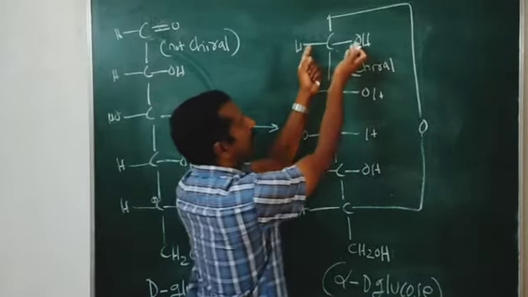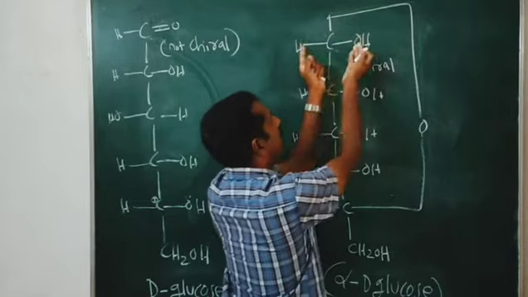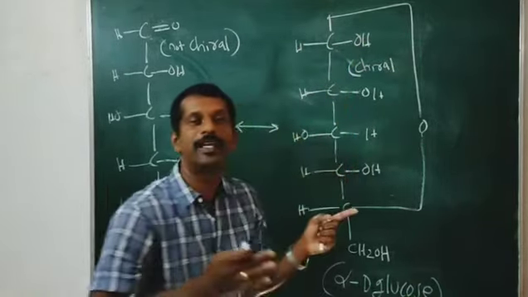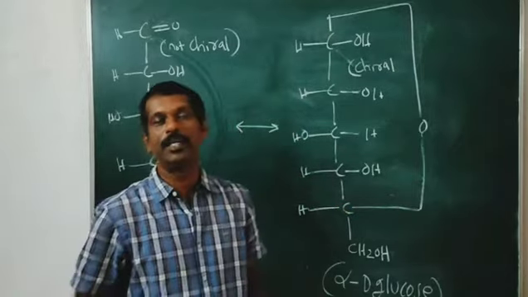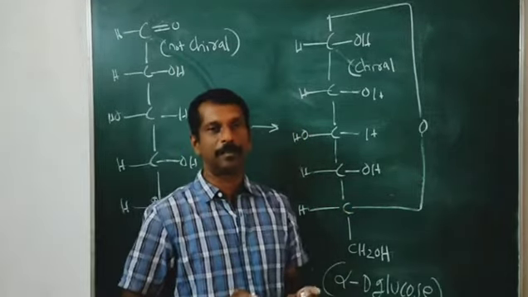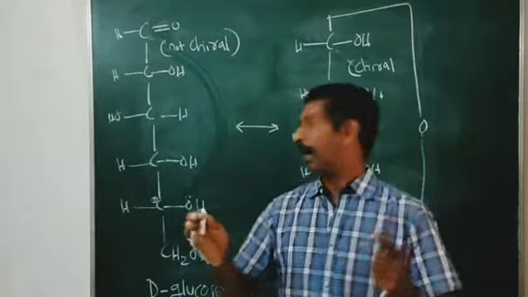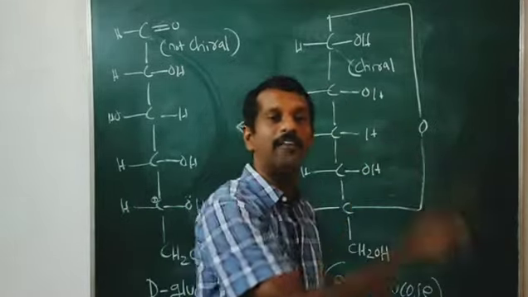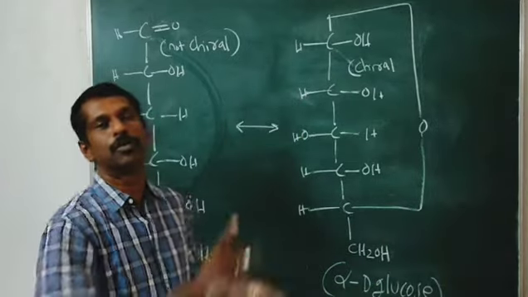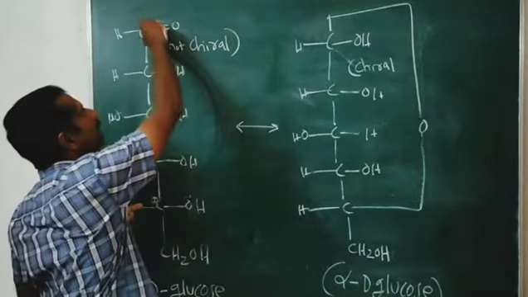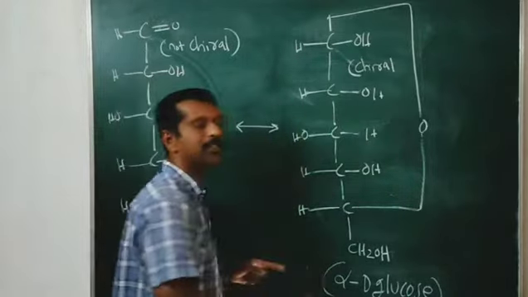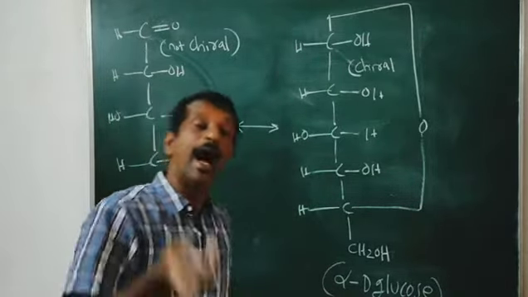What is beta D glucose? When you rotate this chiral carbon, the OH will come this side and it will go that side, and we get beta D glucose. This is the reason why the cyclic structure is giving two structures, alpha D glucose and beta D glucose: in the open structure the carbonyl carbon is not a chiral carbon, but when it changes to a cyclic structure, the carbon becomes chiral.